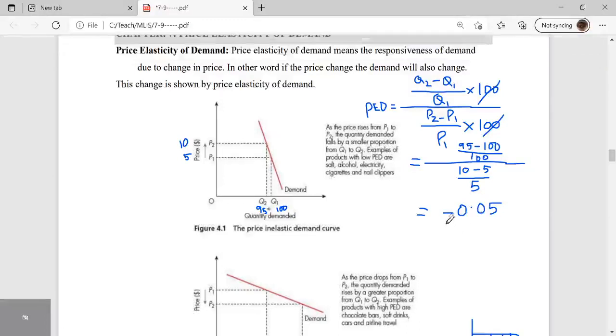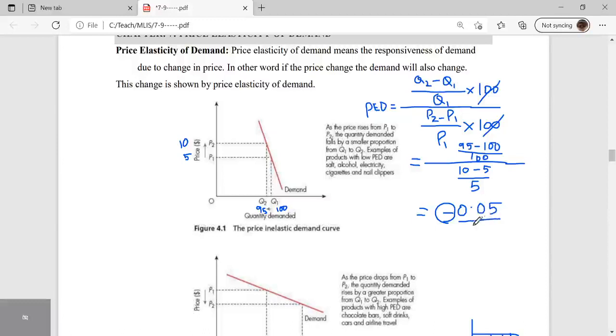Okay, so notice one thing: the answer for PED will always be minus. This minus represents the negative or inverse relationship between price and demand. So it does not represent elastic or inelastic. PED will always be minus. And what represents inelasticity? The value. If the value is less than 1, it's inelastic.